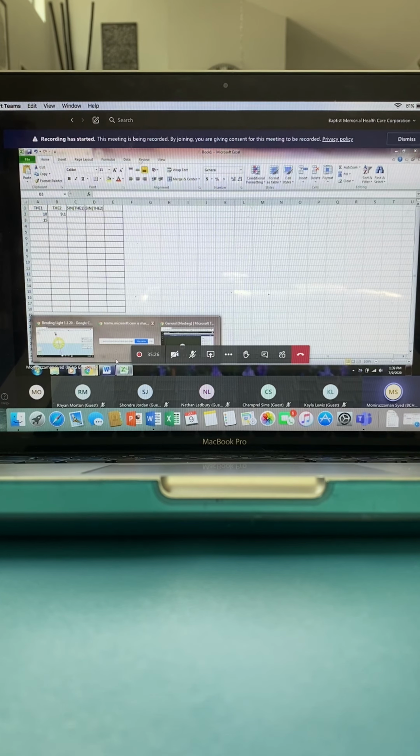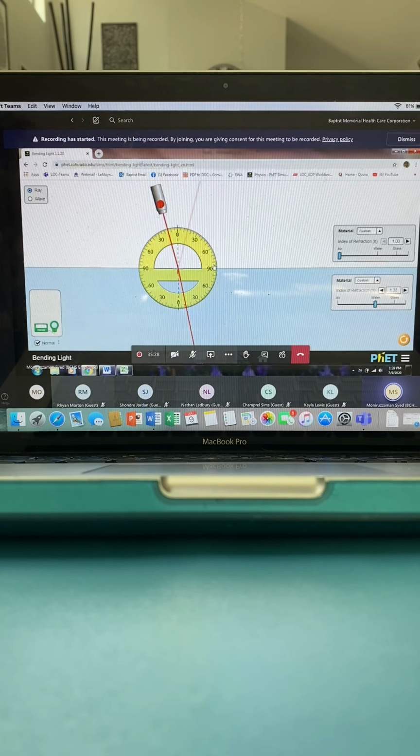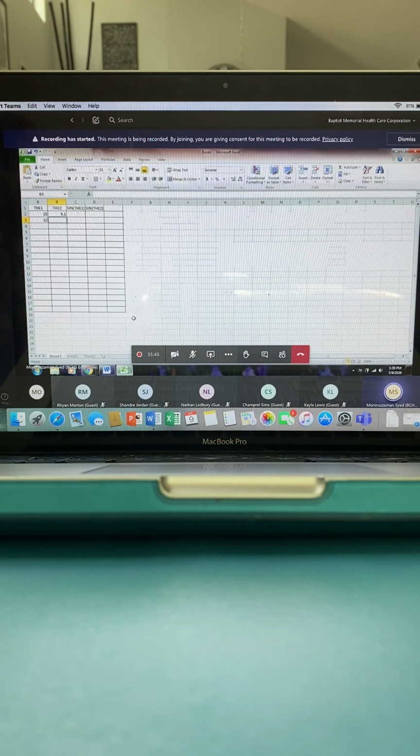We need to measure that. So let's look here: 5, 10, and let's say 1. 10 and 1, 11. Let's say 11 degrees, for example. So 15 and this is 11 degrees.